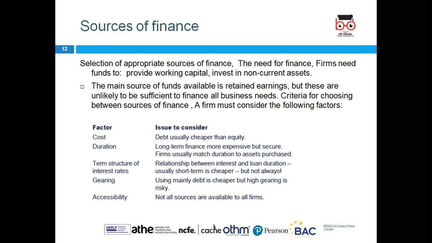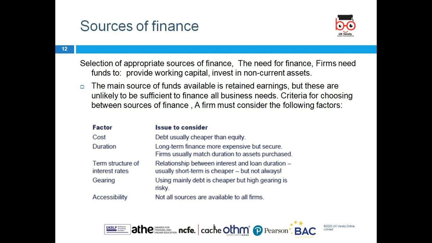So high gearing: if you have a gearing ratio, debt divided by equity, and you have more debt and less equity, it is very high. Let's say you have 90% debt and 20% equity. It means the 90% of the company, or 90% of the house. If you have a mortgage and you only pay 20%, that 20% is your equity, your capital in the house, and the 80% is your debt.